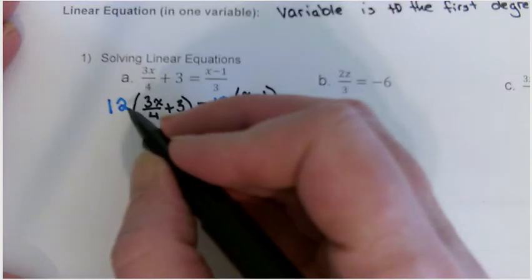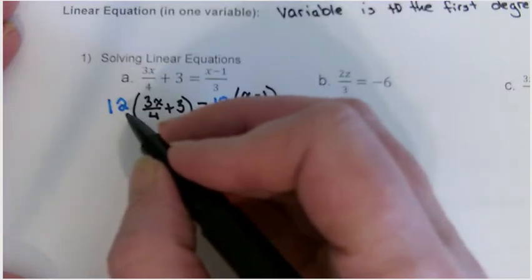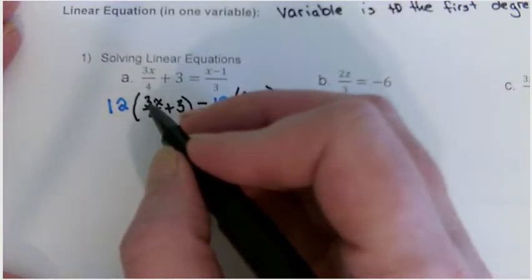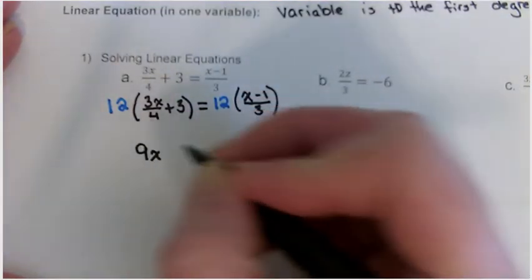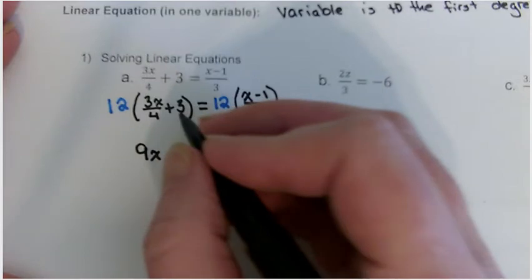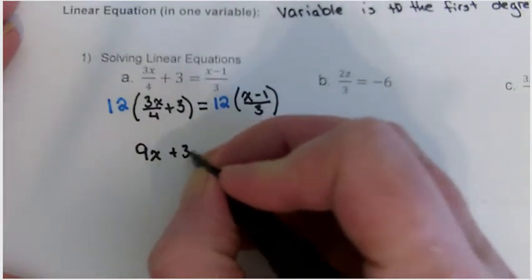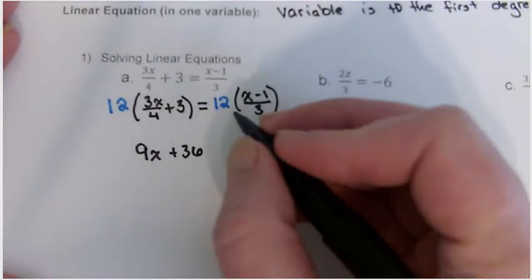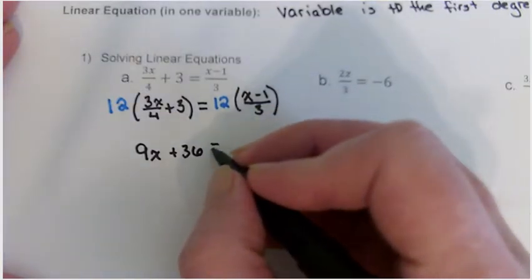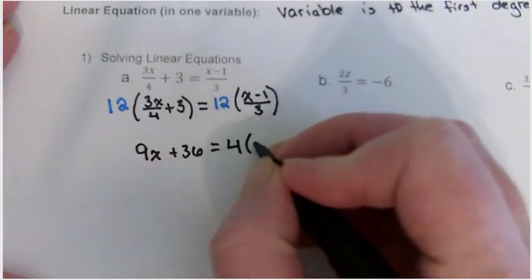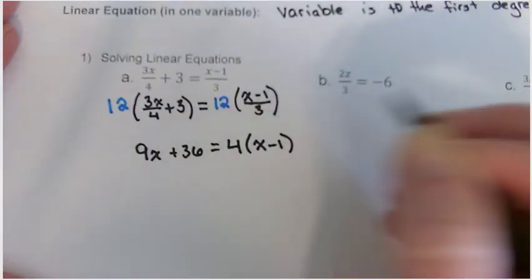So 4 goes into 12 3 times. And then I have 3 times 3 is 9x. Then 12 times 3 is 36. Over here, I have a 3 in the denominator. 12 divided by 3 would be a 4. And now I'm going to multiply that times the numerator.